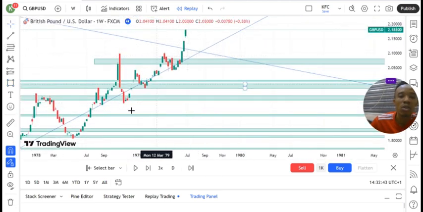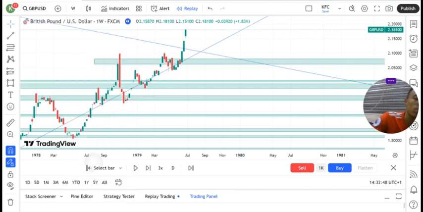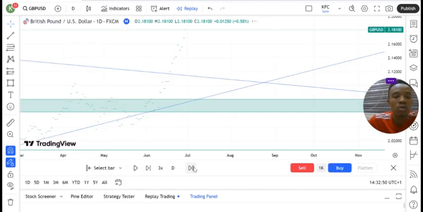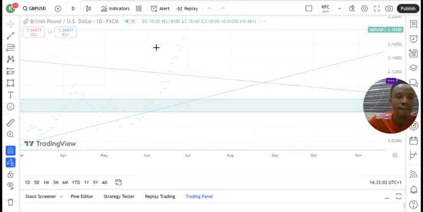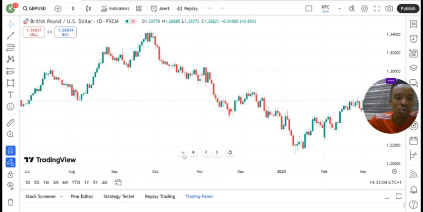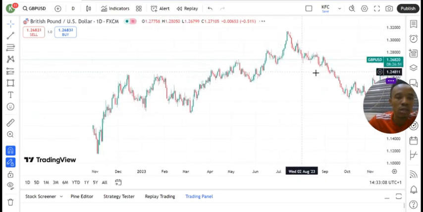So this is me spotting all my liquidities on the bull side and going straight into my entry time frame to now begin to study to see what is possible. So I think the time frame I went to is too far, so the candles are not coming out. So what I'm going to do now is go back a little bit again.